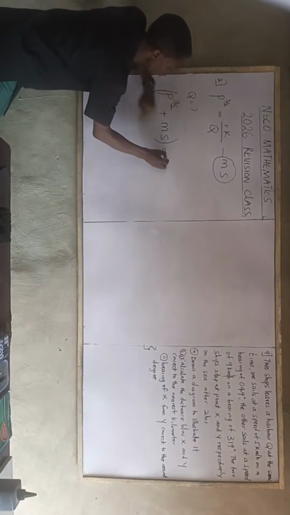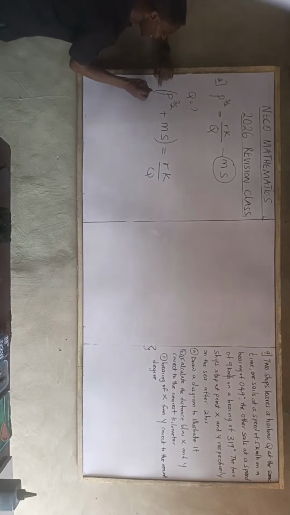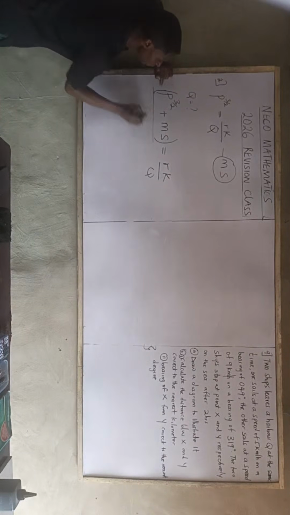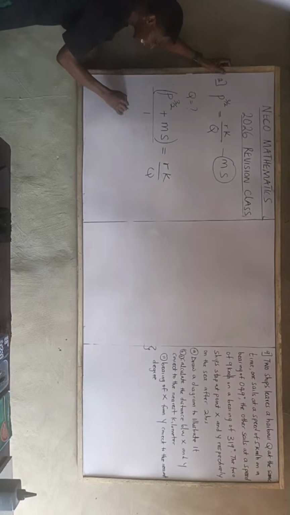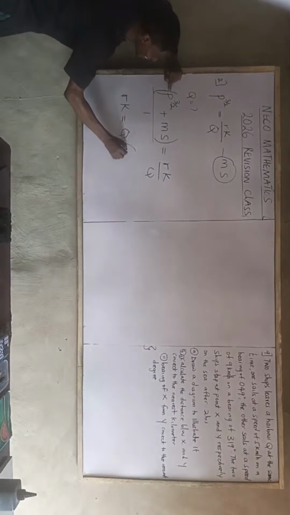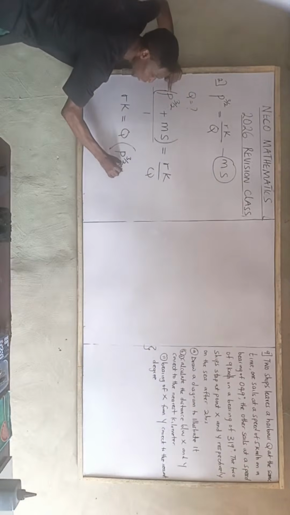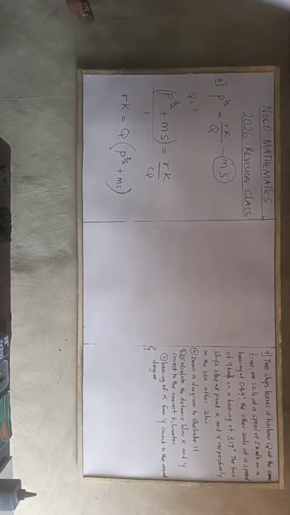So I've got it to be RK over Q. All right, so here I can put over 1 and cross multiply. I've got to cross multiply from here. So I've got RK all equal to Q, open a bracket, P raised to power 3 over 2 plus MS.